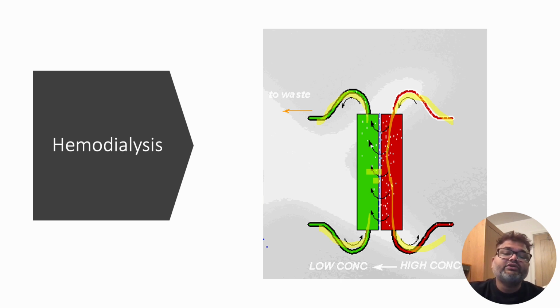This fluid, which is depicted here in green color, is called dialysate in medical terms, and it doesn't contain the molecules which we want to remove from the blood, or it contains the electrolytes in the range which will allow the diffusion of the excess of those electrolytes.